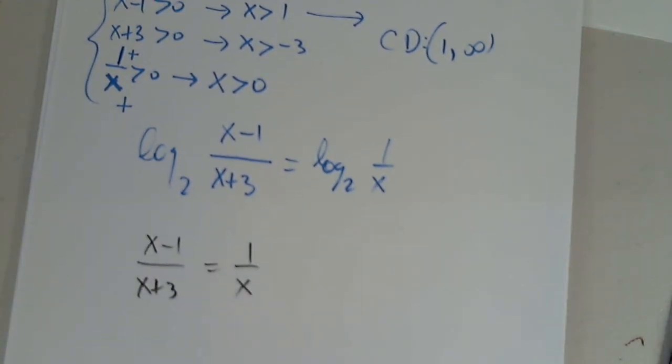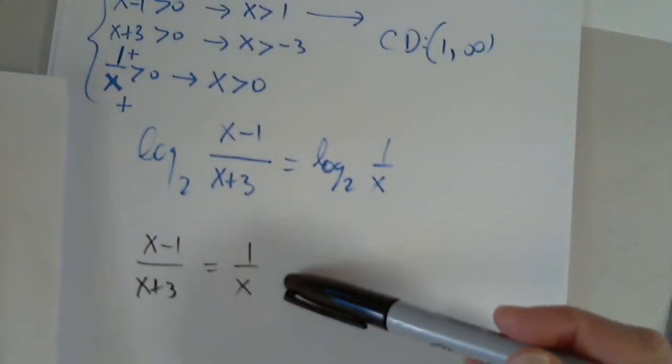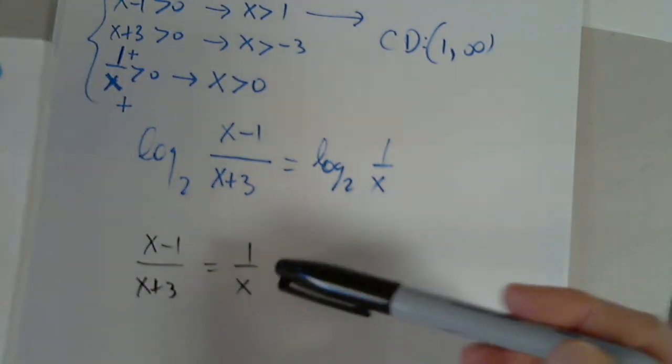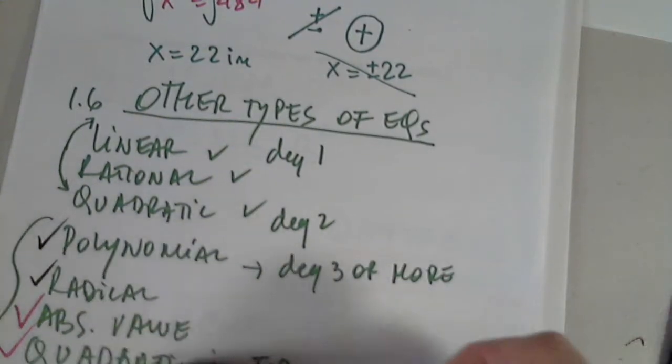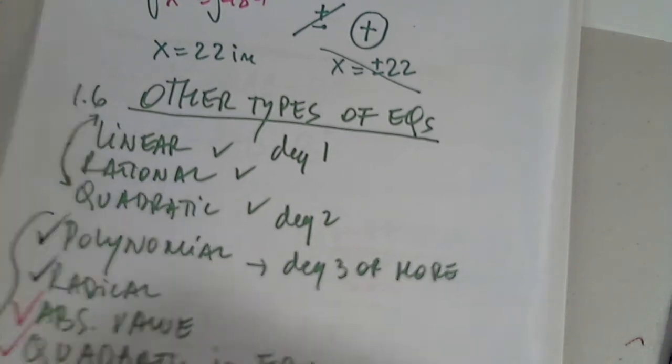Back to my list. What kind of equation is this? Initially, it was a logarithmic equation, but what type of equation is this now? Linear, rational, quadratic, polynomial, radical, absolute value, quadratic in form, equations with rational exponents, exponential, log. Which one?